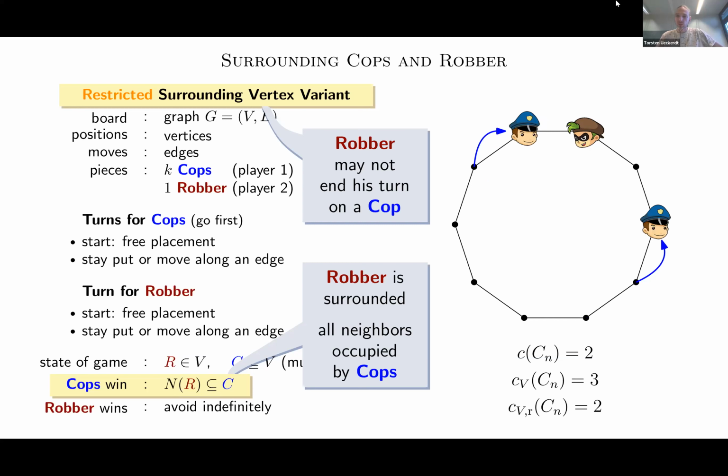The cops can come closer and approach him, and the robber can again stay there or get away. If he stays, it's important that this cop doesn't go on the robber, because this would allow the robber to get by on the other side. So avoiding touching the robber, but staying as close as possible to the robber, is a strategy which would eventually lead to a surround here.